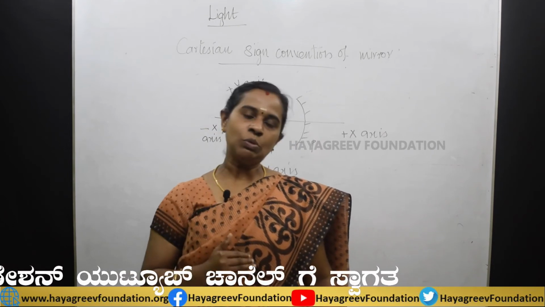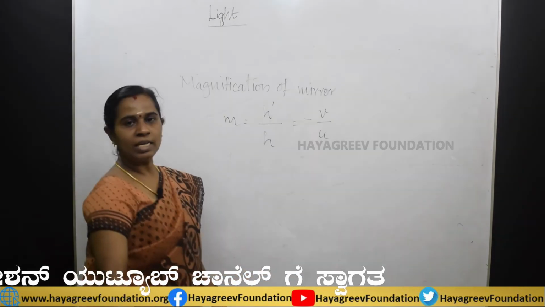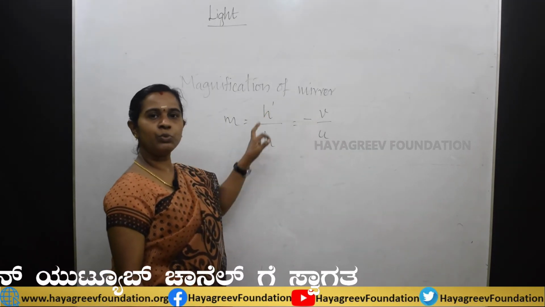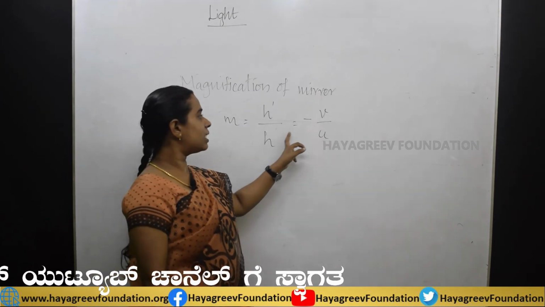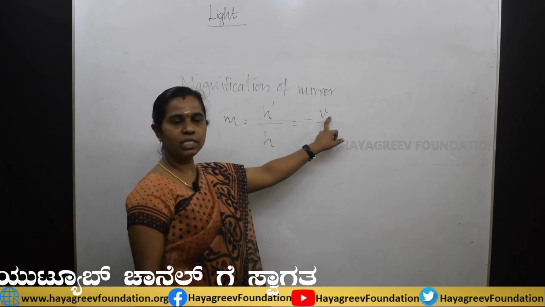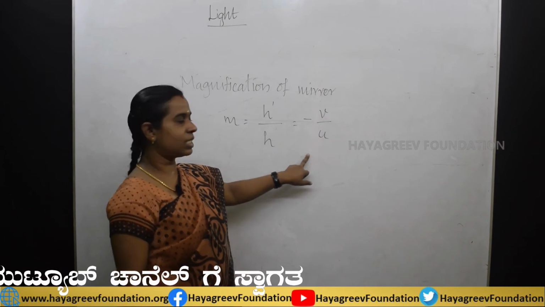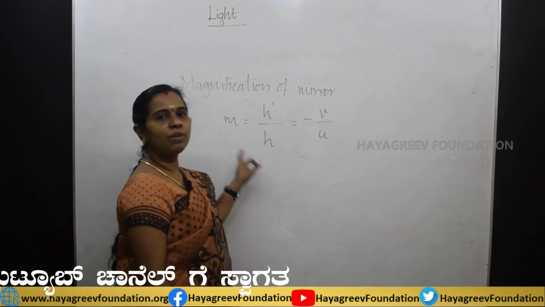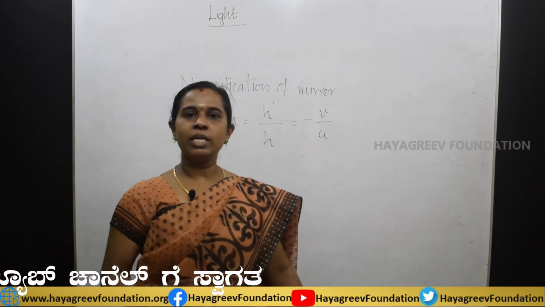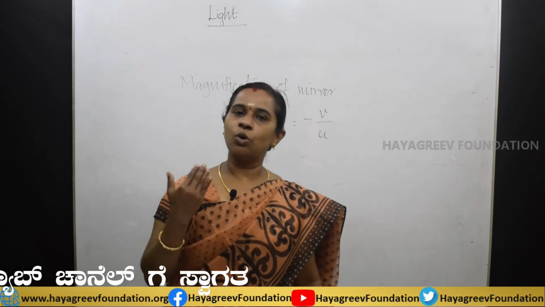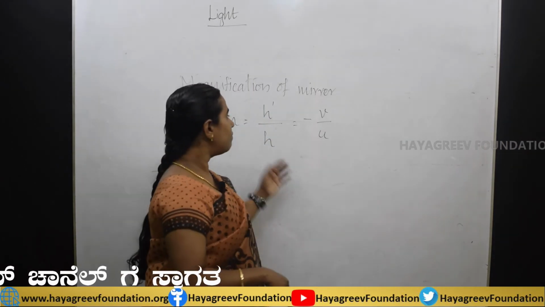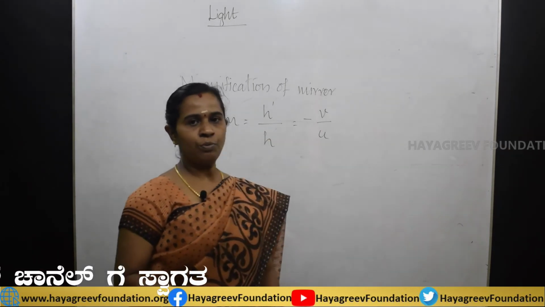Linear magnification is the ratio of the height of the image to the height of the object, which is equal to minus v by u. v means image distance, u means object distance. Using this formula we can find the magnification of mirrors, and whether the image is larger or smaller than the object.